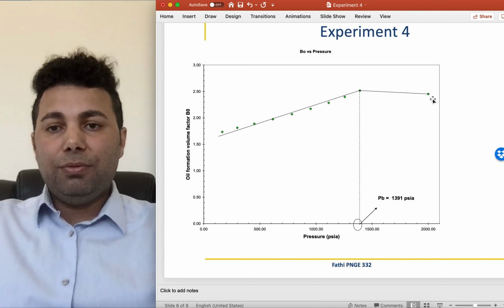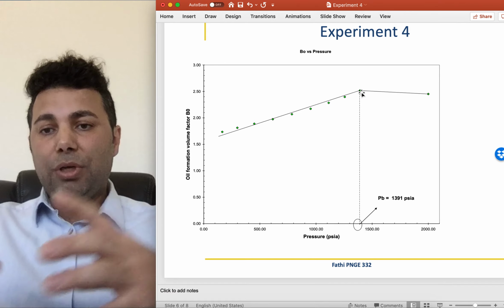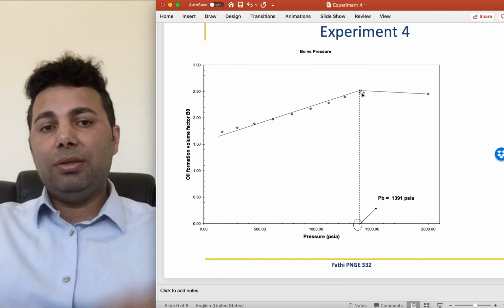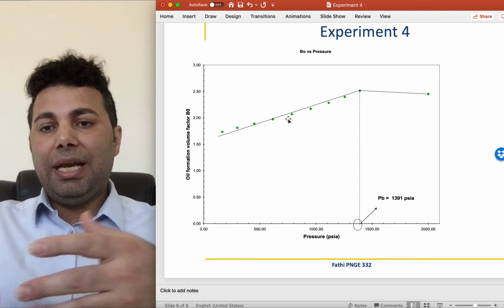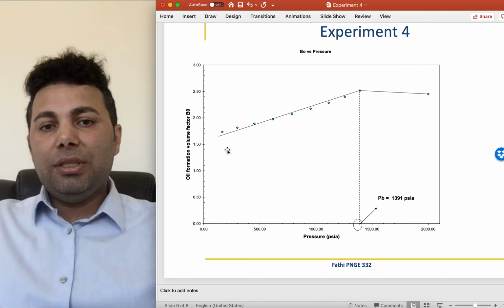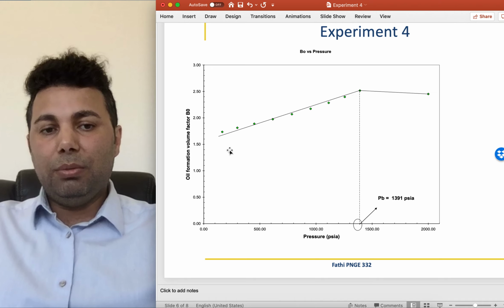The oil formation volume factor, as you know, goes up as we go from the reservoir pressure and decrease the pressure to the bubble point, because oil swells. After that, oil starts shrinking because after the bubble point, the gas starts coming out. So you will see these two behaviors above and below the bubble point.